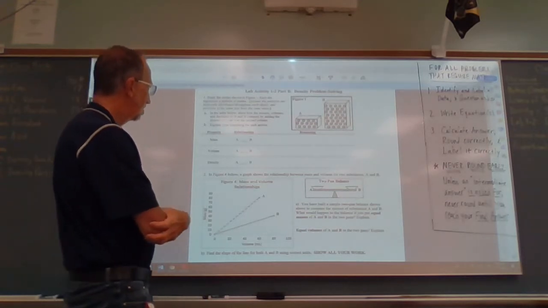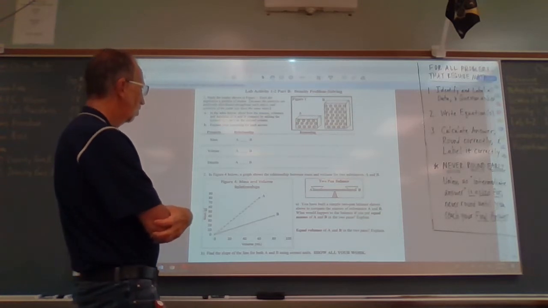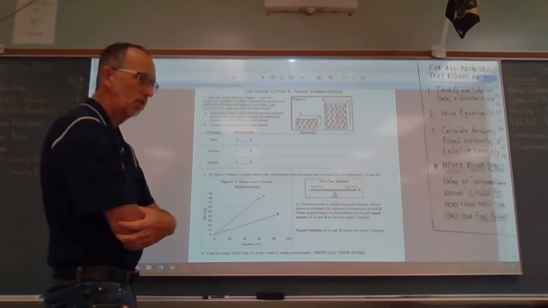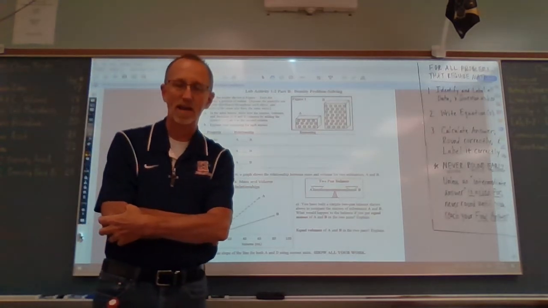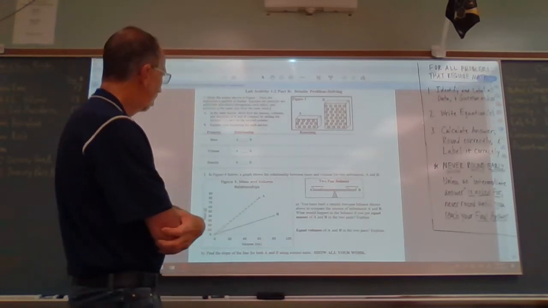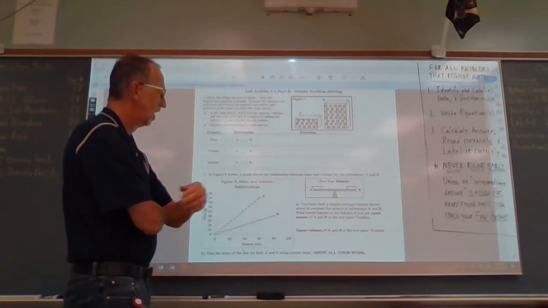In the table below, show how the masses, volumes, and densities of A and B compare by adding a symbol greater than, less than, or equal in the second column. So mass. Mass is determined by quantity of matter, which was represented by number of particles. So how do the masses of A and B compare?